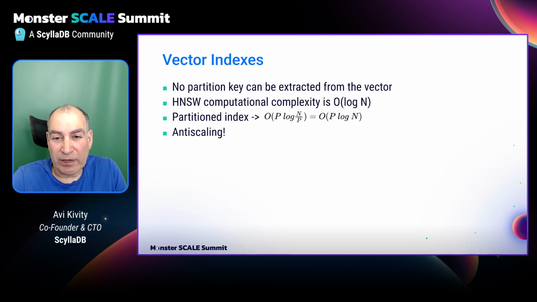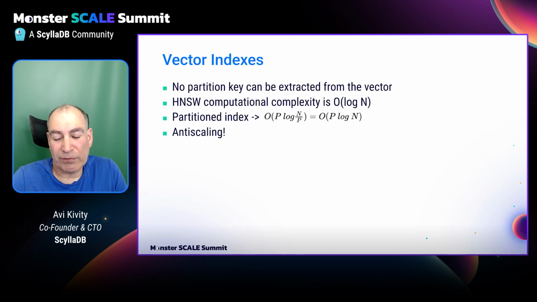And let's try partitioning the index in the same way that we partitioned, dividing the index into nodes. So if you have P partitions, P could be your node count or your tablet count, then you multiply log(n/P), which is the computational cost of searching any node's index, by P, the number of partitions, and it turns out that log(1/P) is negligible, so it ends up that you anti-scaled and the cost multiplied by the number of partitions.